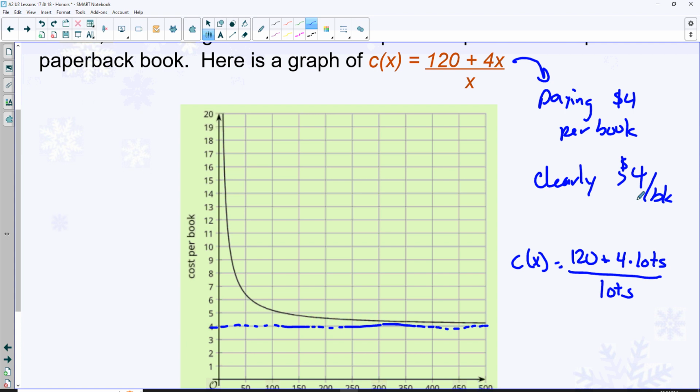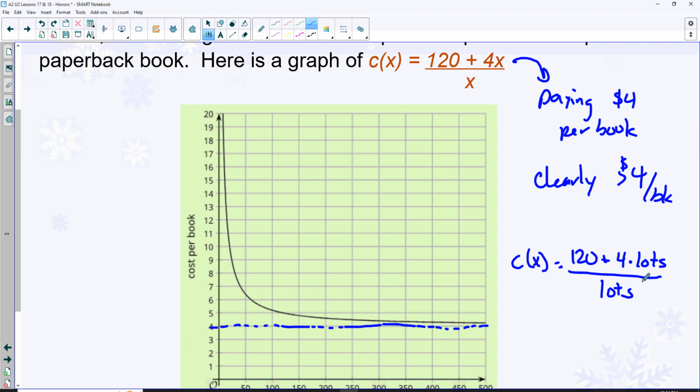That would be crazy. It would cost $4 trillion to print a trillion books, but actually it costs $4 trillion plus 120. But really, essentially, does the 120 mean anything at that point? No. The difference between 4 trillion and 4 trillion 120 is next to nothing.